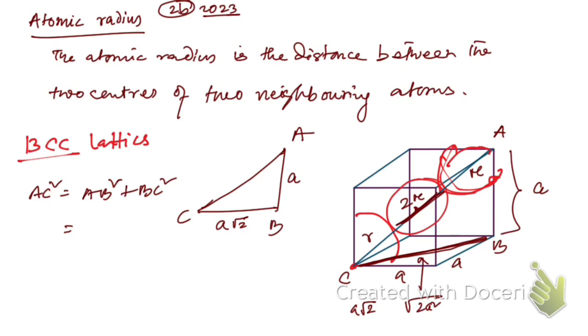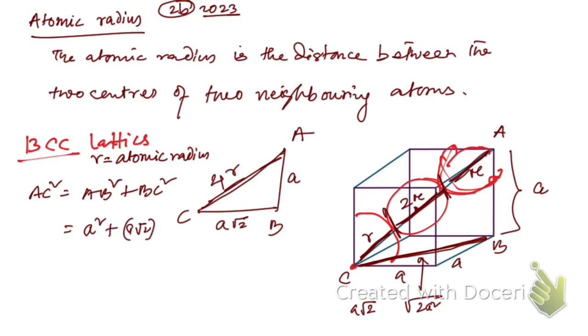This length, from this diagram, is 4r, right? This r plus twice r, then r, that is 4r, where r is the radius of the atom, or atomic radius. So ab square will be simply a square, bc square will be a root 2 whole square, and ac square is 4r whole square.